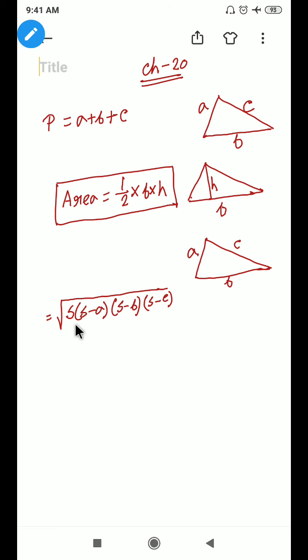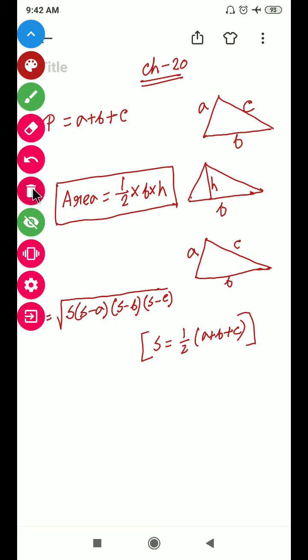So what is s? s means half of the perimeter. That means s is equal to half into (a plus b plus c), where a plus b plus c is the perimeter of the triangle. Just put the values here and you will get the answer. This is called Heron's formula.